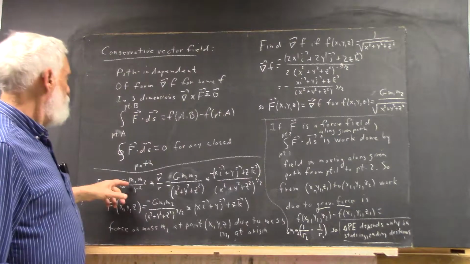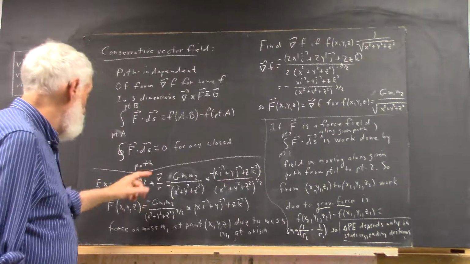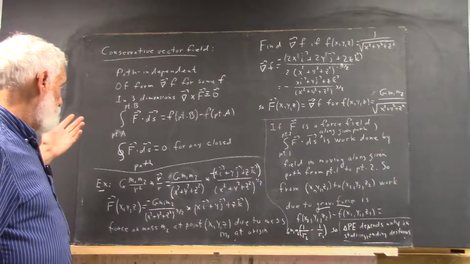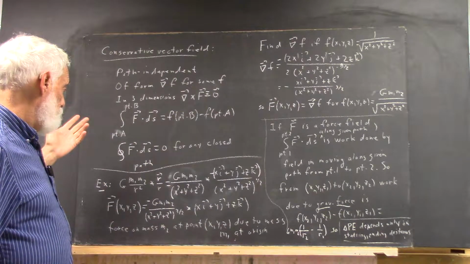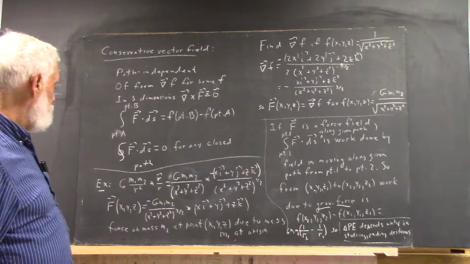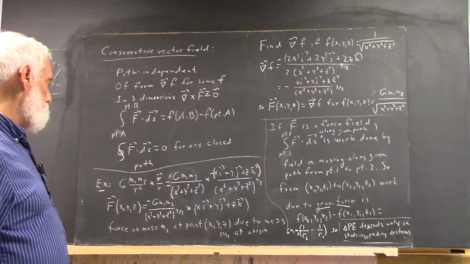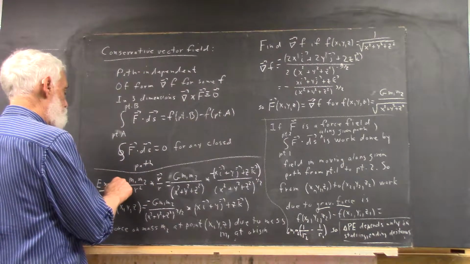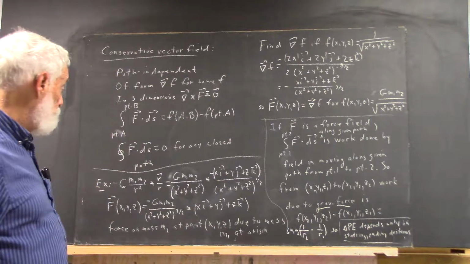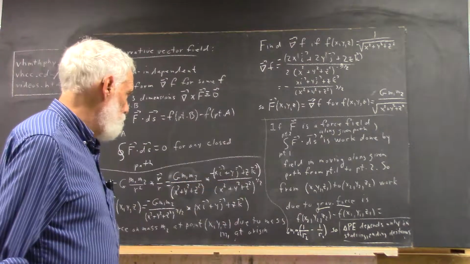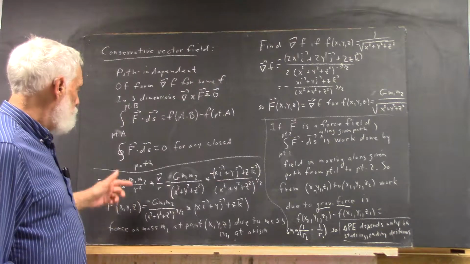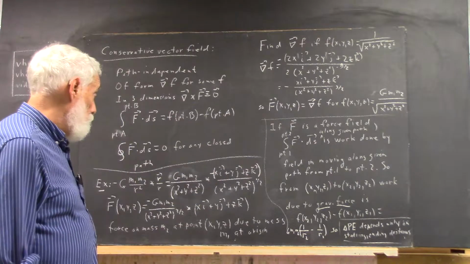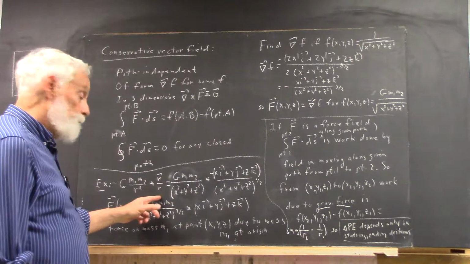Now, if we assume m1 is at the origin, then our r vector is just... I misspoke. It should be the negative of this to get the gravitational field, okay? And that's going to correspond to this. So if the r vector goes from the position of m1 to the position of the second mass, then this is it.